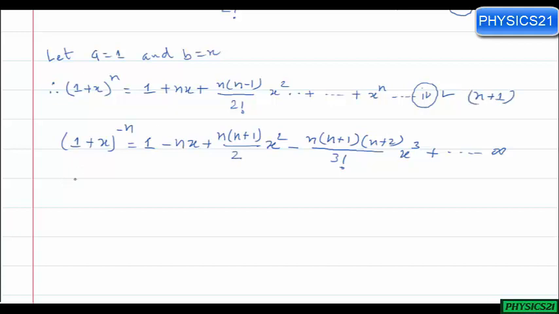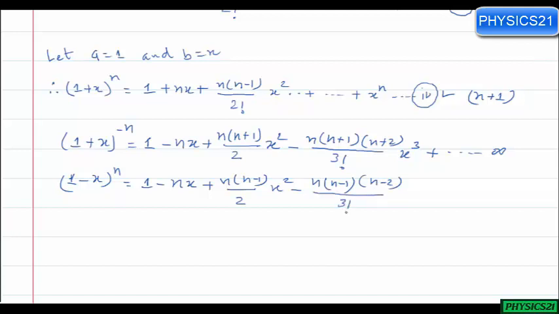Now another case, if we have 1 minus x raised to power n, then it is written as 1 minus nx plus n(n minus 1) divided by 2 x squared, then minus n(n minus 1)(n minus 2) divided by factorial 3 x cube, and the last term will be minus x raised to power n.